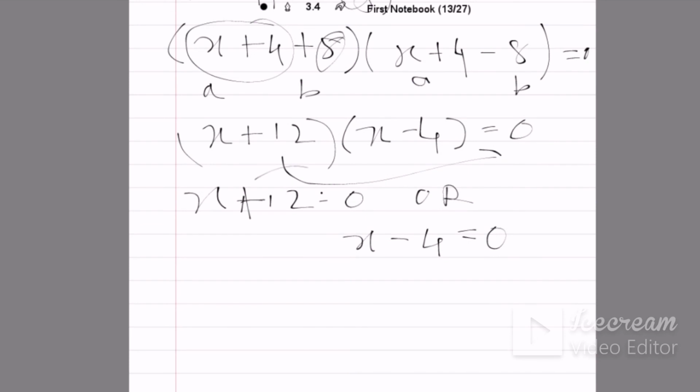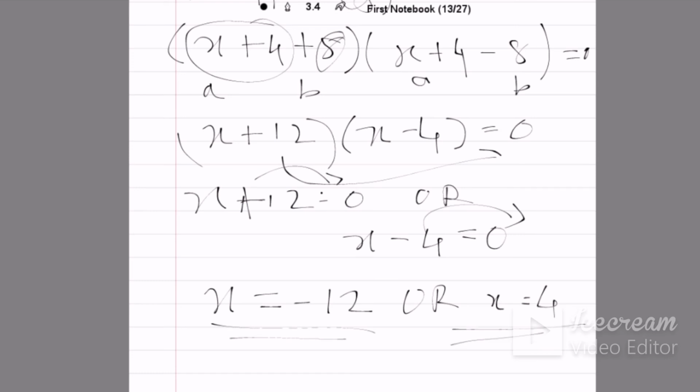If we take these two numbers to the other side, we get x is equal to minus 12 or x is equal to 4. At both these values of x, the equation becomes 0, right? And this is how we find the roots using the completing the square method.